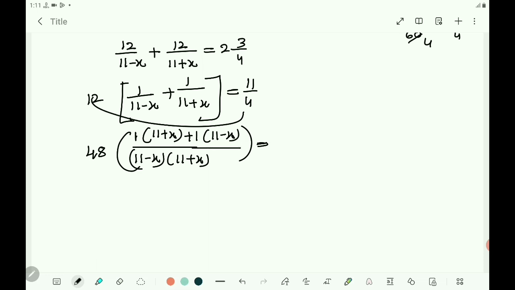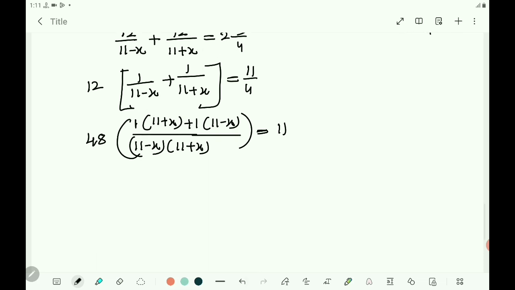Here 4 is taken, so what is remaining here? 11. Then you write 48 into 11 minus x into 11 plus x. Here you can use the identity a minus b into a plus b is a square minus b square, so it is 11 square minus x square.